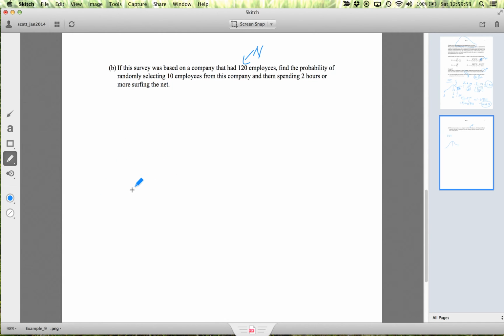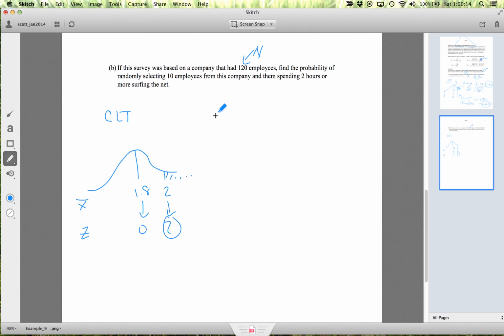We've got the middle here, which is again 1.8, and we're trying to find the probability of being greater than 2. These are our x bar values. We need to transform them into z values. So we want to find what value this 2 transforms into.